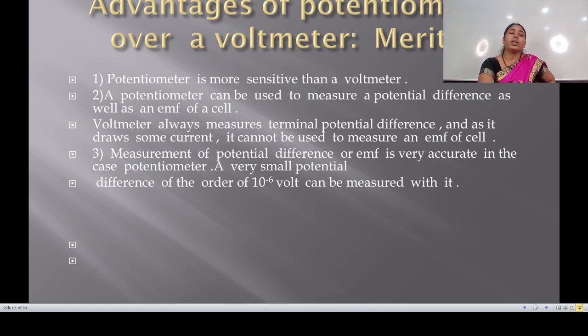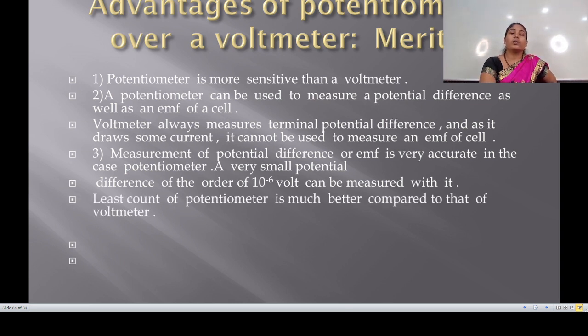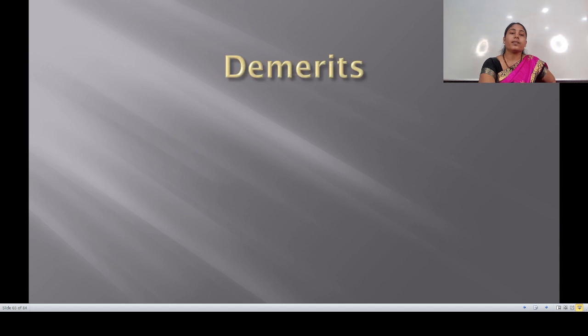A very small potential difference of the order of 10 raised to minus 6 volt, which is equal to 1 microvolt, can be measured with it. The least count of the potentiometer is much better compared to that of the voltmeter.